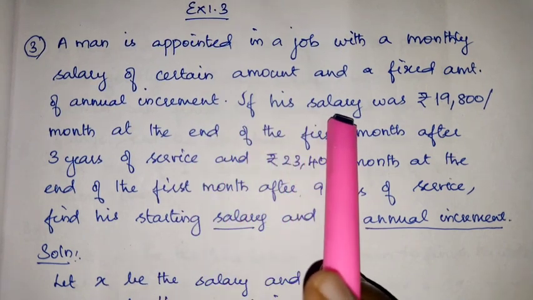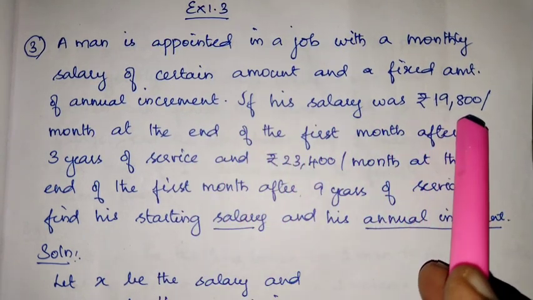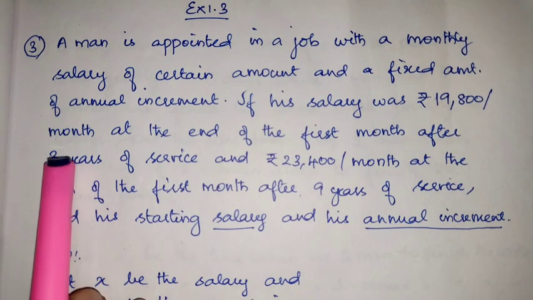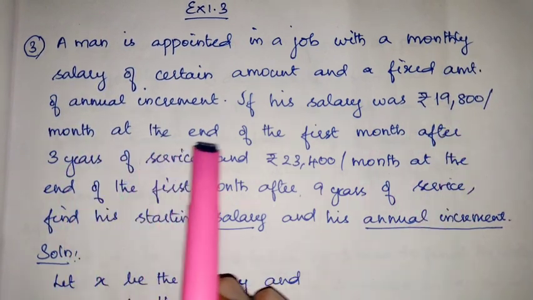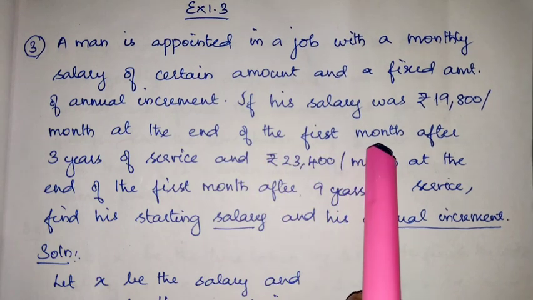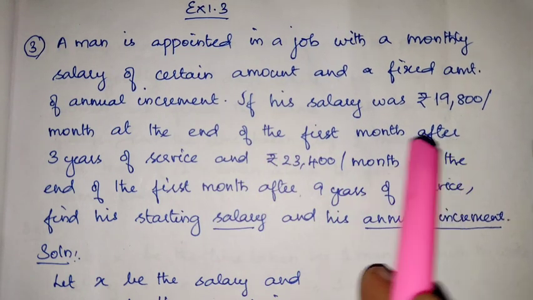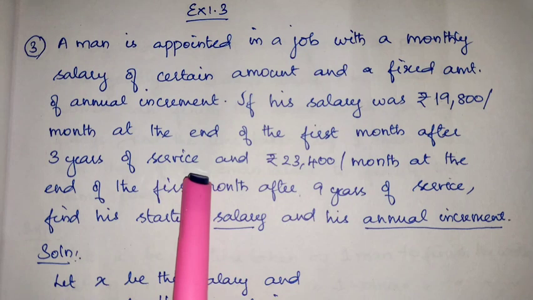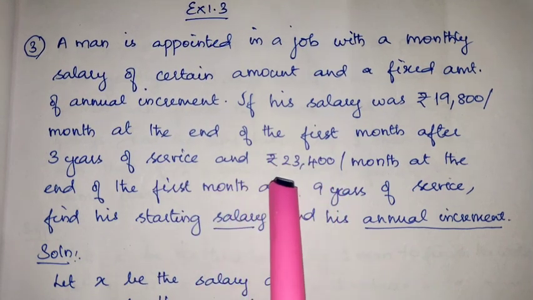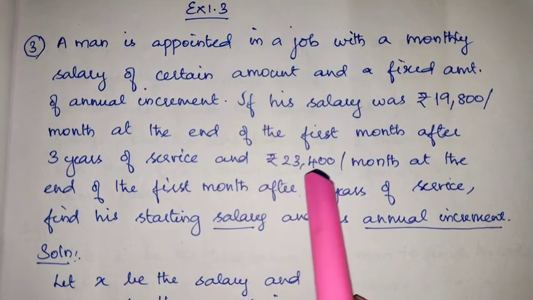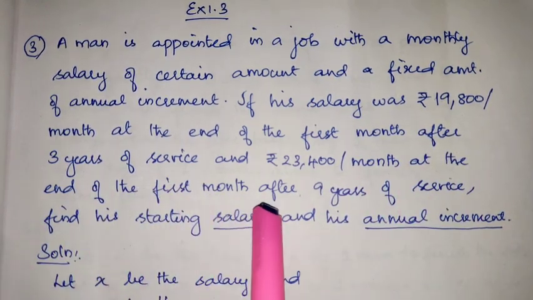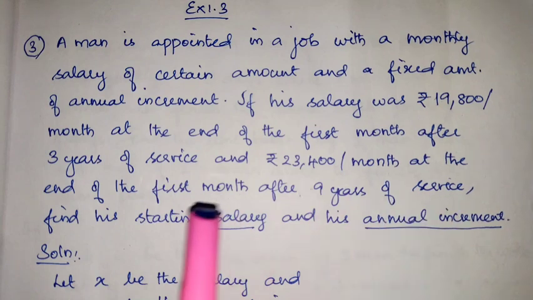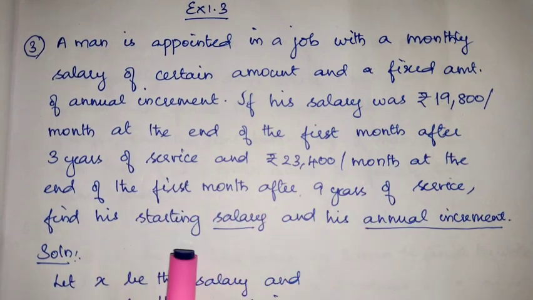If his salary was 19,800 rupees per month at the end of the first month after 3 years of service, and rupees 23,400 per month at the end of the first month after 9 years of service, you are asked to find the starting salary and the annual increment.